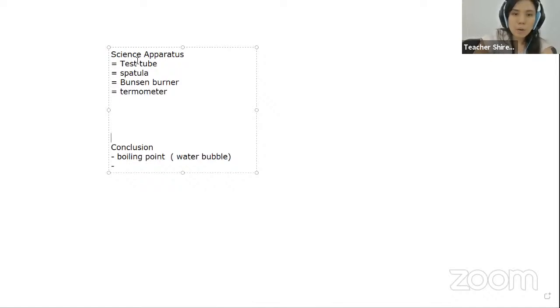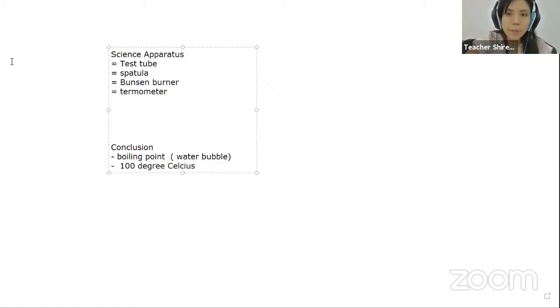When the water is at a normal temperature it is just normal, however, when it is at boiling point, the thermometer will show 100 degrees Celsius. That is actually the boiling point.